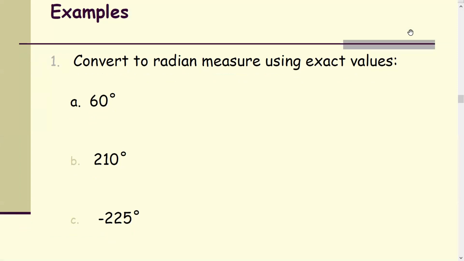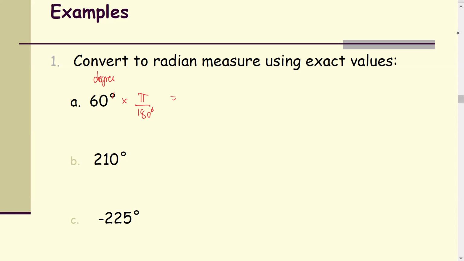For example, converting to radian measure using exact values. You see the empty circle on the right here. That means you are dealing with degrees at the beginning. So converting from 60 degrees to radians, multiply by pi divided by 180 degrees.